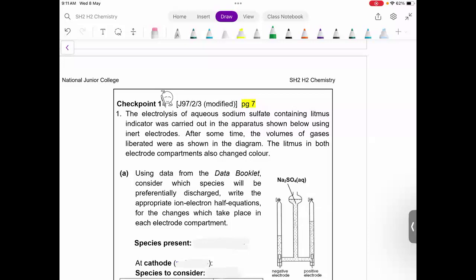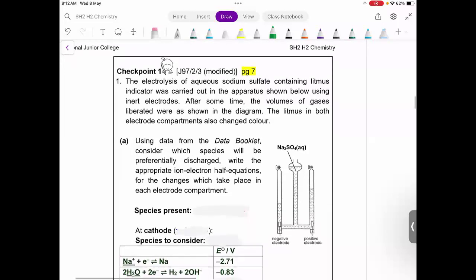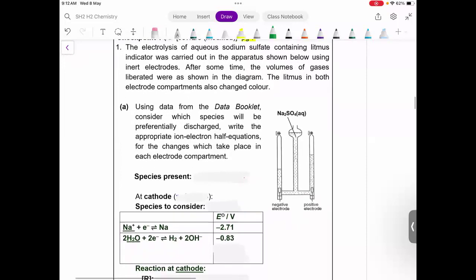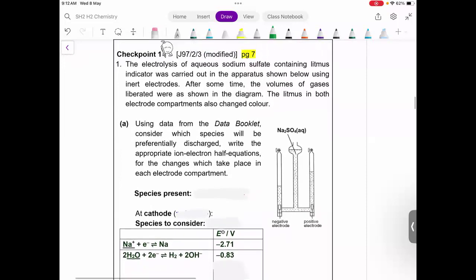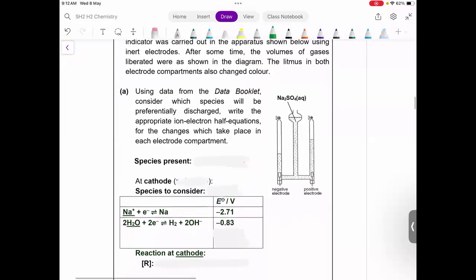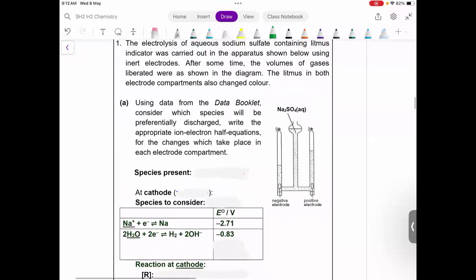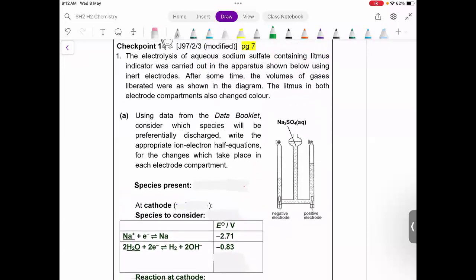Cannot be. No, we never consider sulfate. Careful. Yeah, you're right, it's more positive. Oh, wait, sulfate here needs H plus.